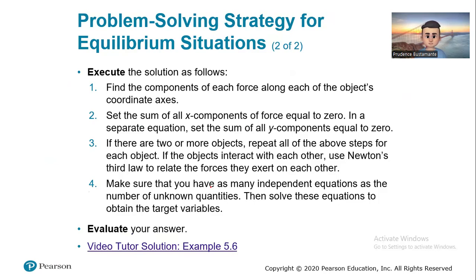Then you execute: find the components of each force along each of the coordinate axes. Set the sum of all the x components of the force equal to zero. In a separate equation, set the sum of all the y components equal to zero. If there are two or more objects, repeat all of the above steps for each object.